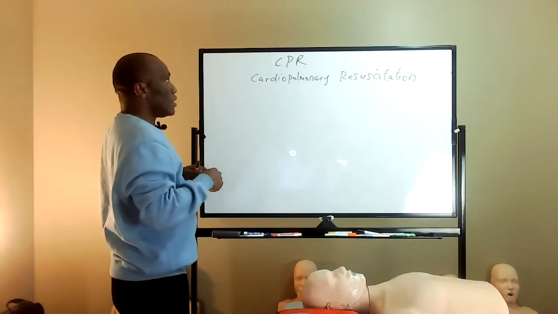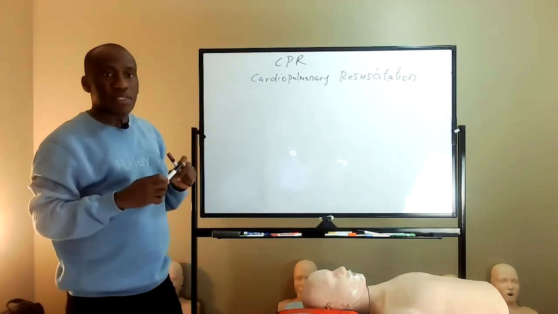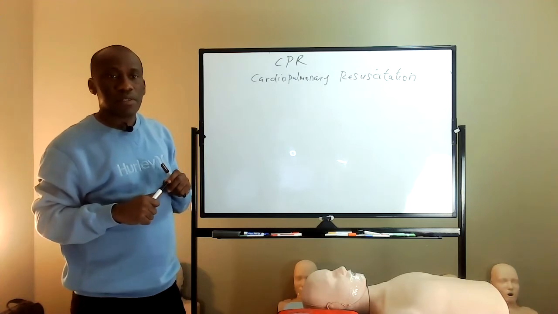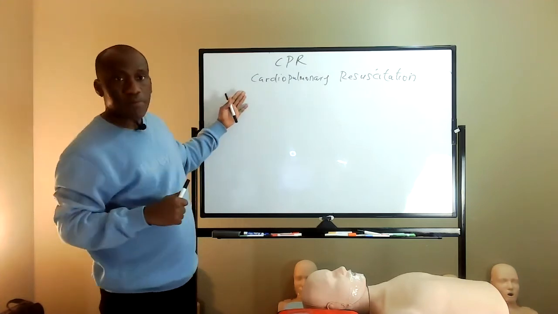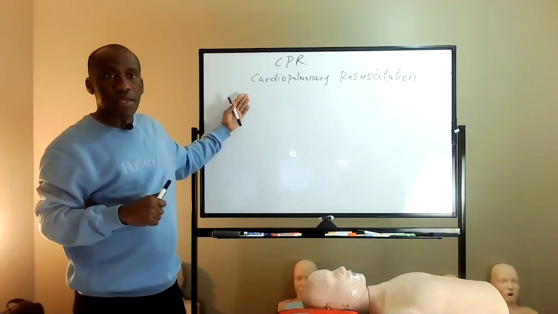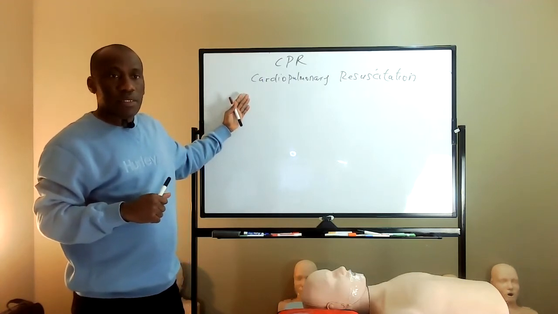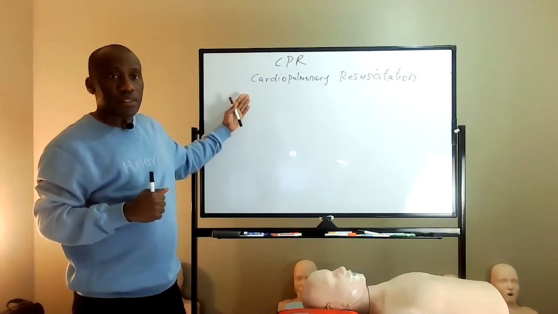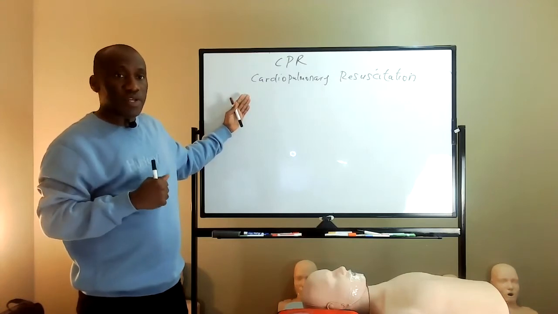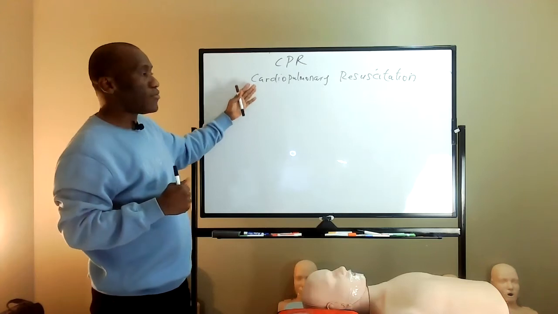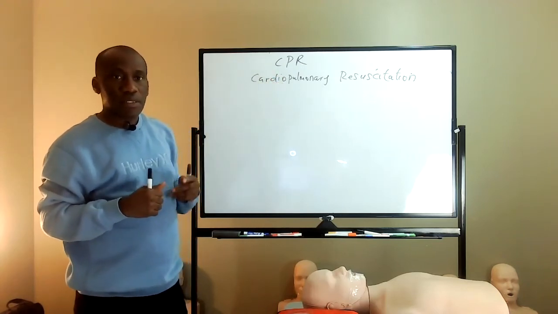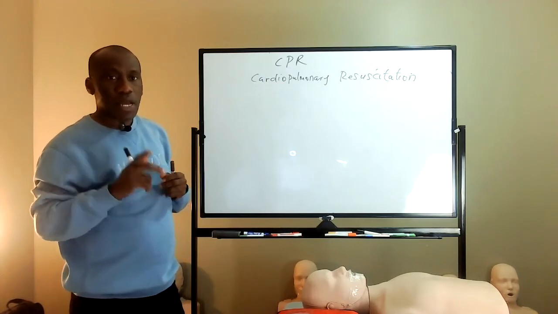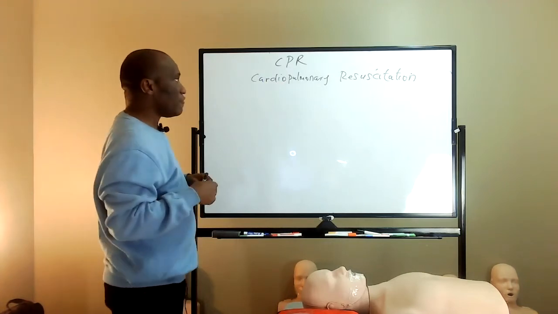All right, so this is one of the emergencies that you may come across, and when somebody is in this type of emergency whereby the heart and the lungs are not working, then you need to respond. And the best first aid to provide to such a person is CPR, cardiopulmonary resuscitation.